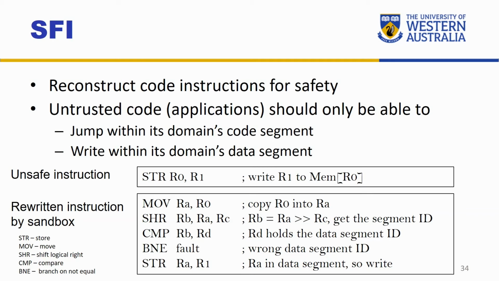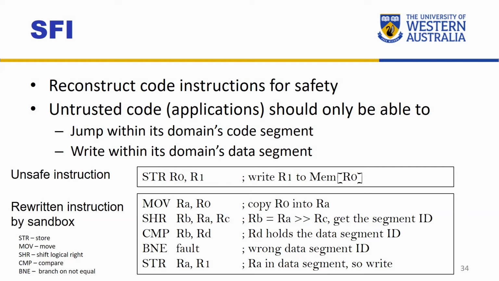So first we're going to copy R0 into RA. And then we're going to get the segment ID, make sure that RB equals RA. And then we're going to hold the data segment ID inside RD, and then compare it to the RB that we just checked the segment ID with.